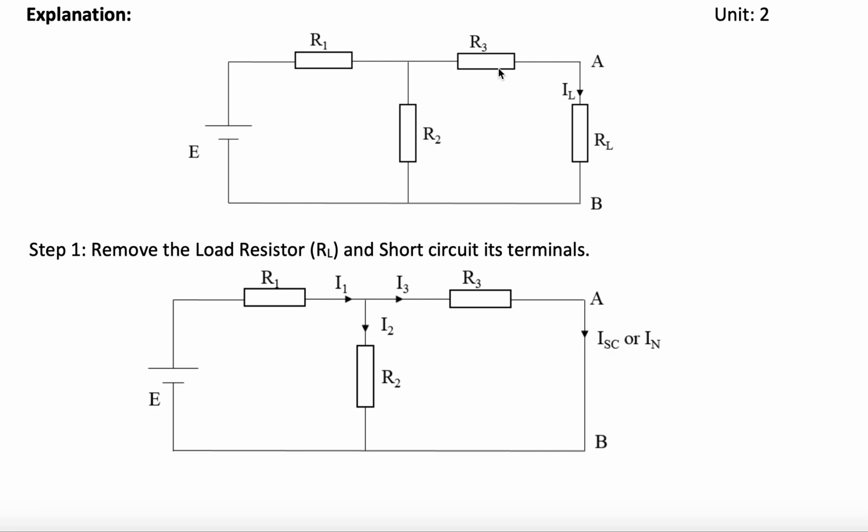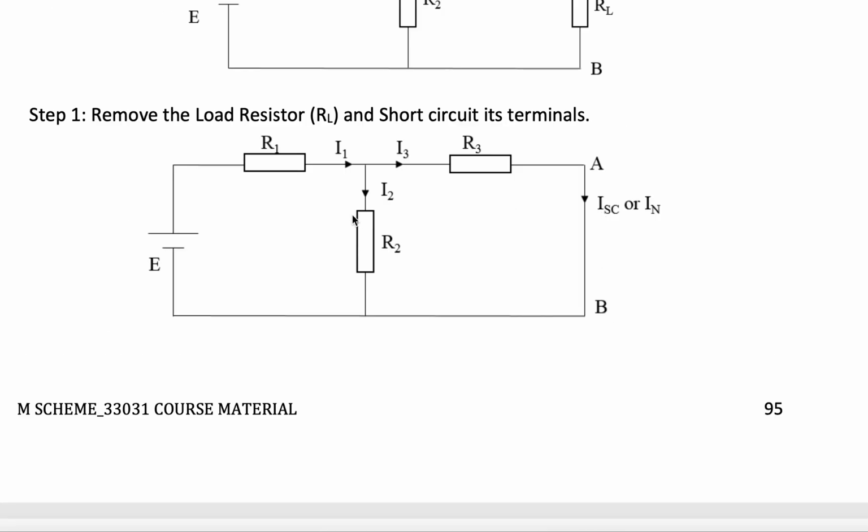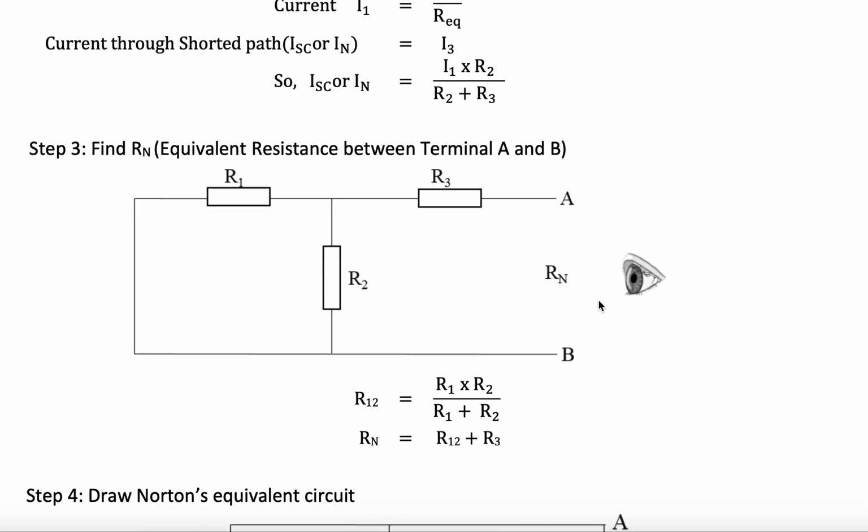See the explanation here. If this is the circuit and these are the load terminals, first you need to short circuit the load terminals and find the short circuit current. First find the equivalent resistance: R2 parallel R3 plus R1. I1 is nothing but E by R1 plus R2 parallel R3. I3 is nothing but ISC. So ISC equals I1 into the opposite arm resistance R2 by the total resistance R2 plus R3.